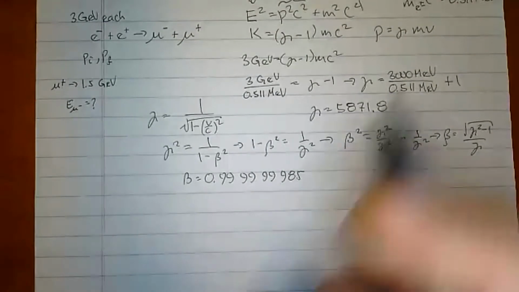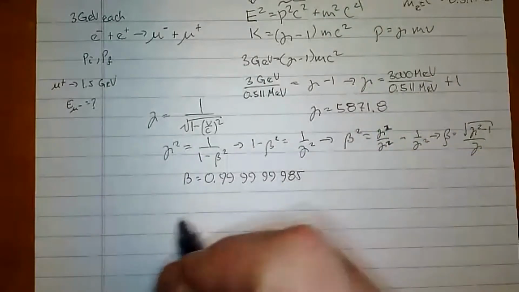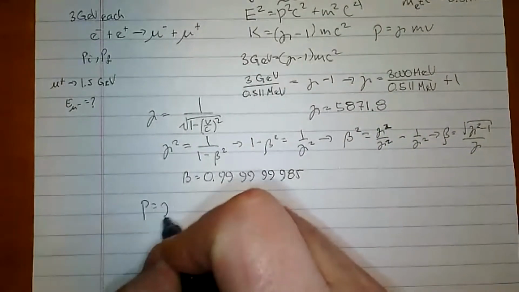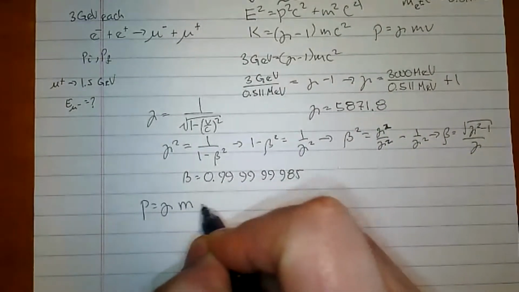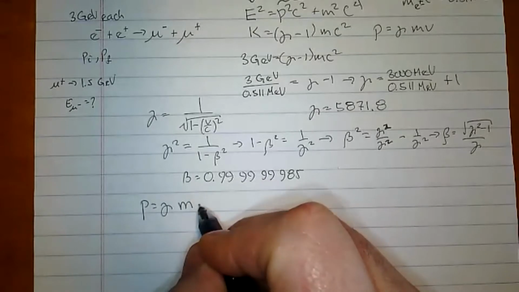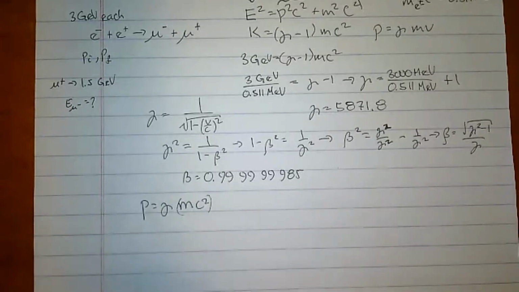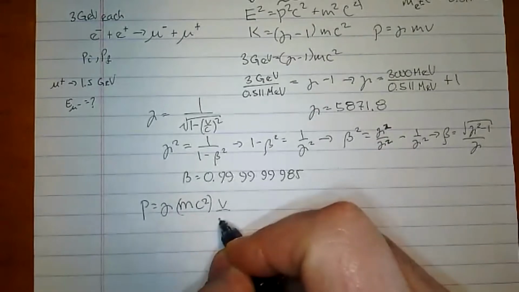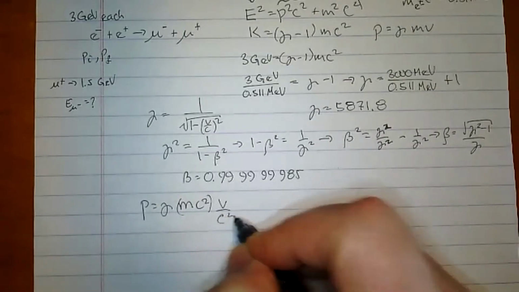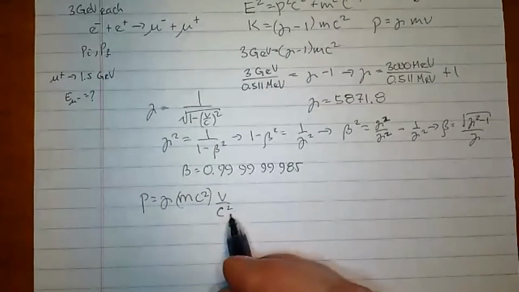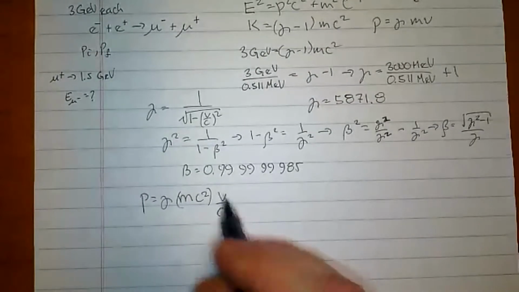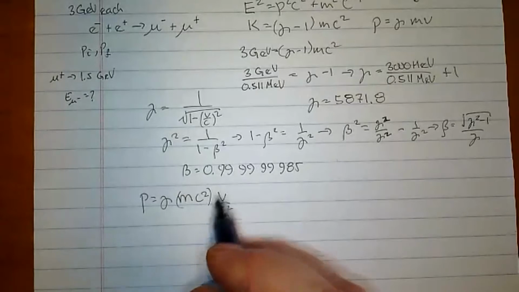Yeah, okay. So what we're going to do now is we realize that p is equal to gamma m times c squared times v over c squared. Notice if I multiply by c squared in top and bottom, then everything works out fine.